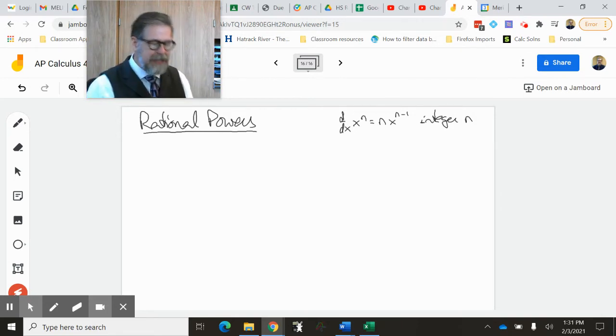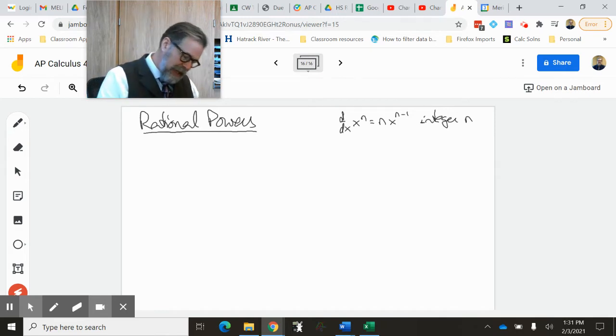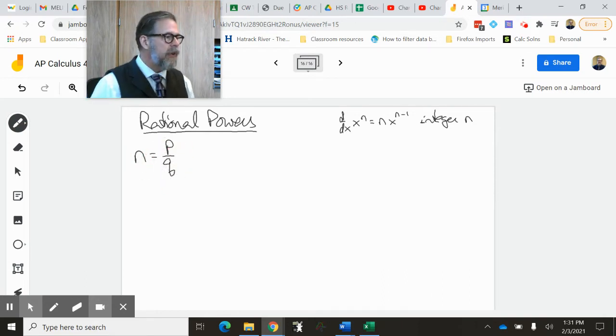And spoiler alert, I've told you this before, eventually we're going to know that it's true for all numbers. But what we're going to do today is prove that it's true for a rational power. So what is a rational power? Well, let's let n equal an integer divided by another integer.